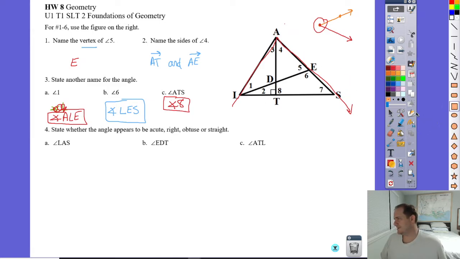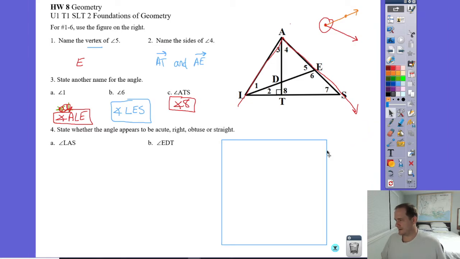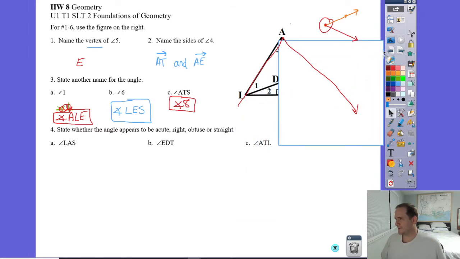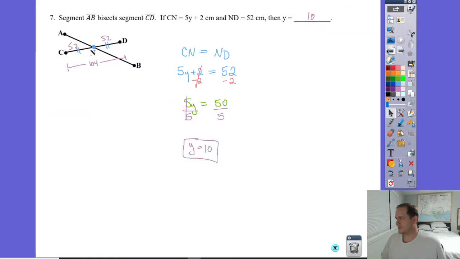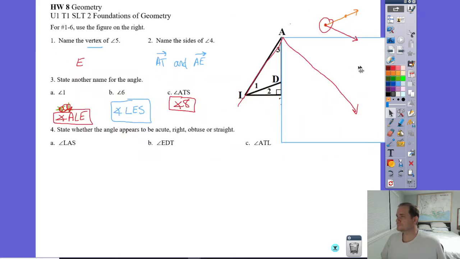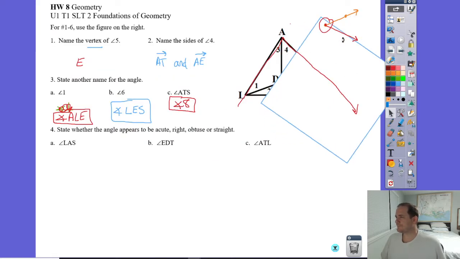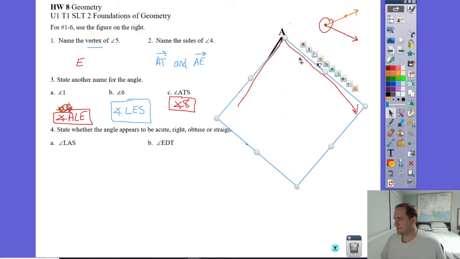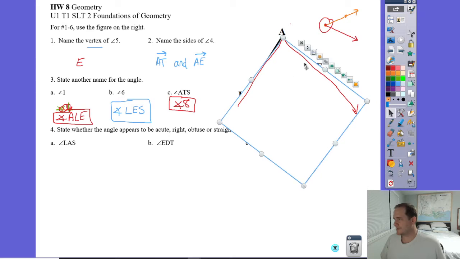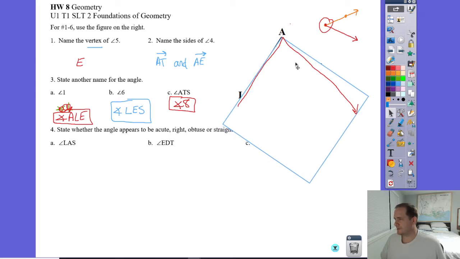But if I cheat a little bit and draw like a square, a nice bright square, you know that the angles of a square are exactly 90. And if I hold this up for comparison, then you will find that our angle is too small. Is that lined up quite right? Not perfectly.